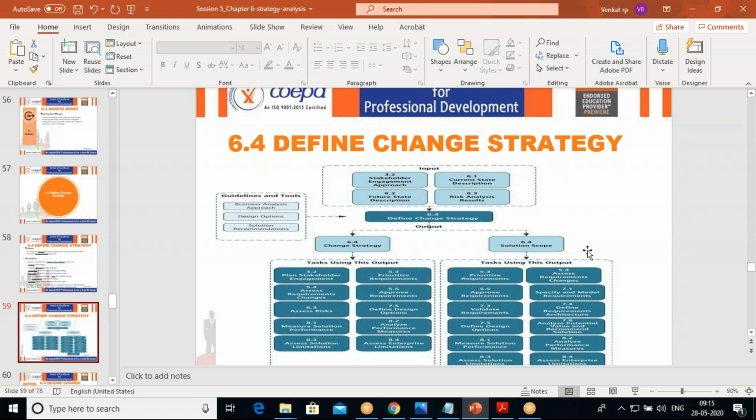One is the change strategy and the other one is the solution scope. And guidelines and tools, if you see here, we have business analysis approach, design options, and solution recommendations. Okay, now let us see the elements of this change strategy.